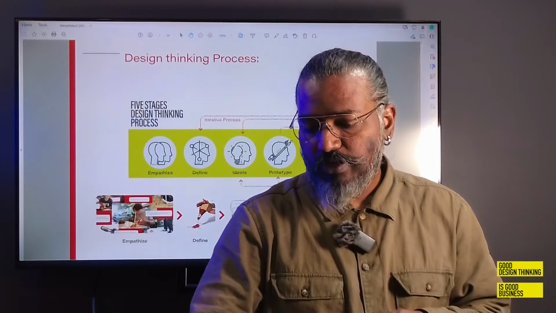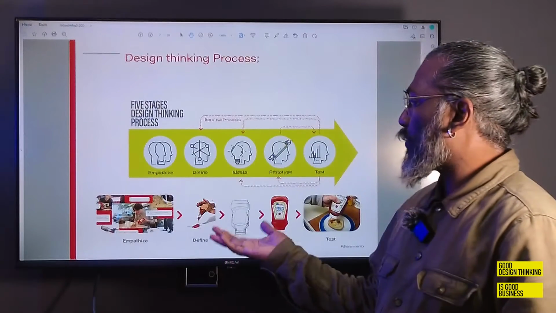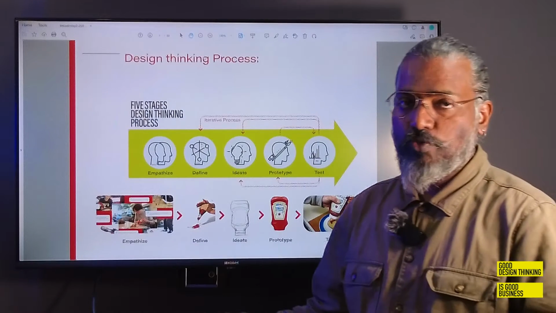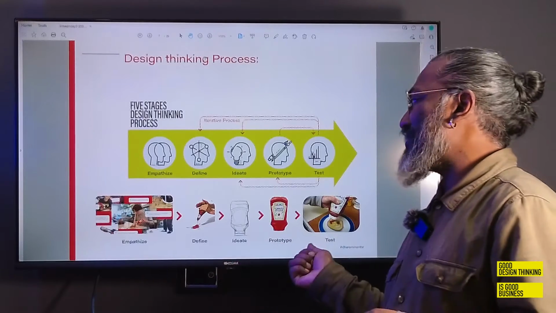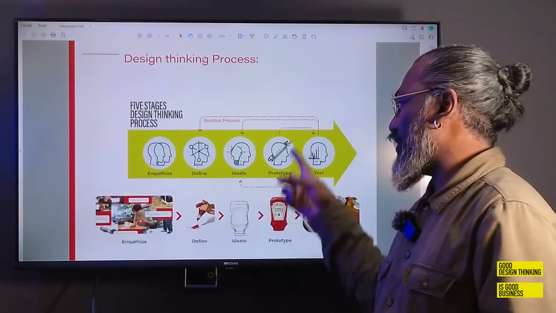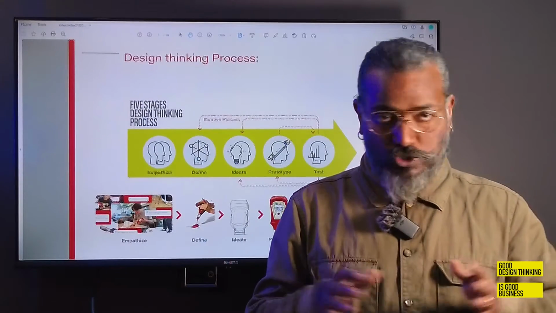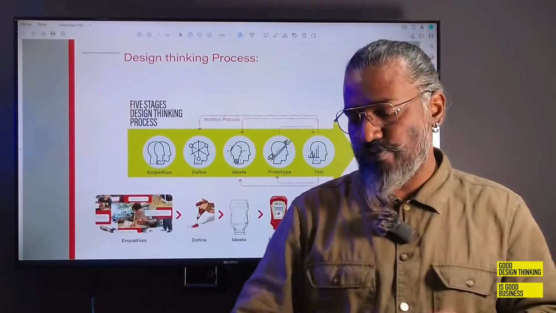Then we looked at the five stages in brief. So today we're going to take one stage and go deep into it. Likewise, in coming days, in each of the stages there are many tools, techniques, methodologies and processes which I'm going to share with you.